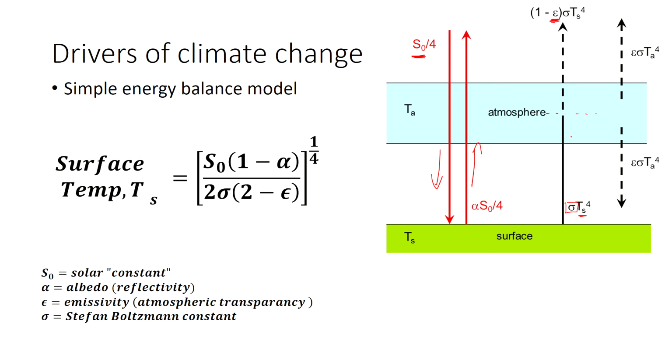The atmosphere then heats up, and it doesn't emit energy perfectly in the same way that the Earth's surface does. So it has this epsilon term, which is related to the amount that it absorbs compared to a perfect object, and it is the same for absorption and emission.